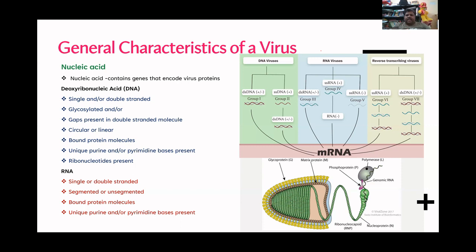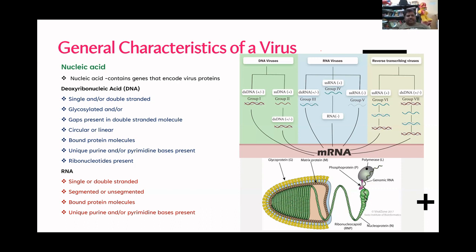In the case of negative sense RNA, the RNA of the virus cannot be directly read by the ribosomes. Hence, it has to be transcribed into positive sense by using the host RNA polymerase, into its complementary positive sense from negative sense. This positive sense acts as an mRNA to translate the proteins required for the virus. That is called negative sense.